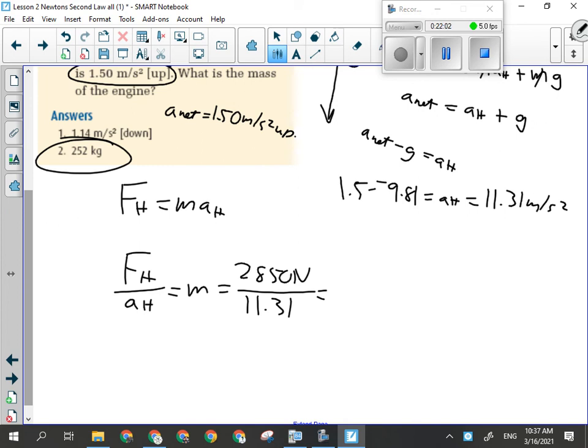It is very rare that you run into a differential acceleration method question. Most of the time, you can just use the forces. But every once in a while, they throw one at you where they don't give you the mass, and this is what you have to do. Okay, everybody all right with that one?